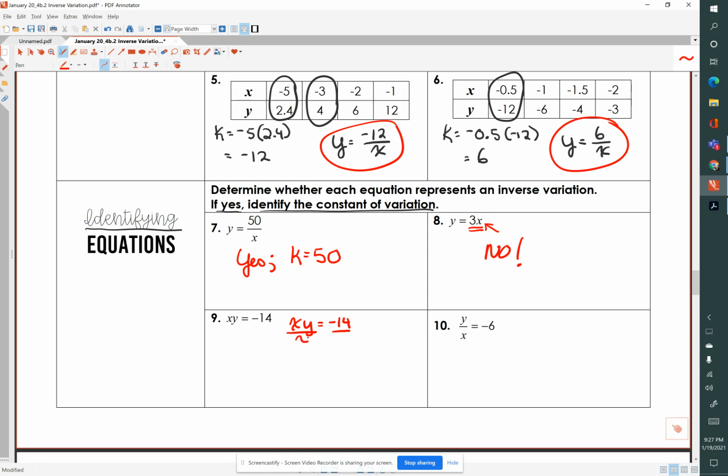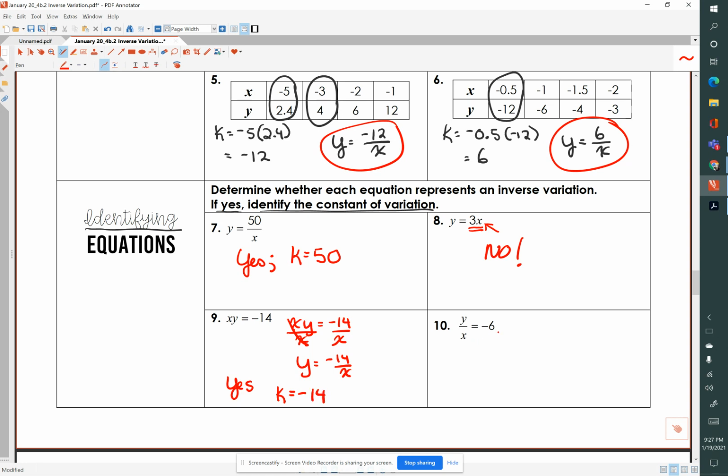Divide both sides by x. And we have y equals negative 14 over x. Yes, that is an inverse variation relationship. And our k, our constant of variation, equals negative 14.